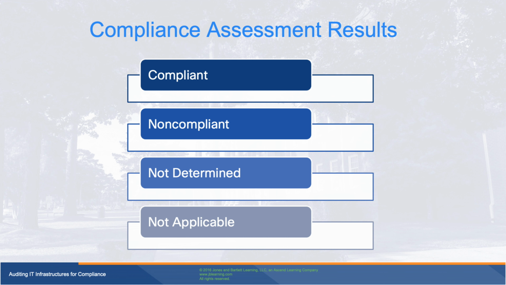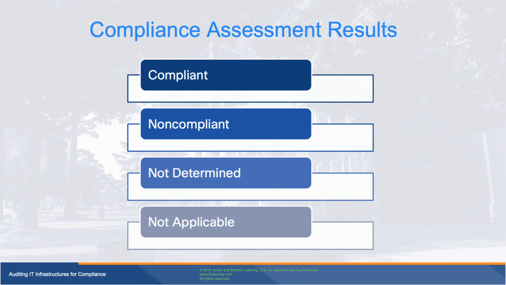The results of a compliance assessment should clearly address whether specific requirements are met. So when we look at the control objectives, we're going to give them a score of compliant, non-compliant, not determined, or not applicable. If we mark it as compliant, it's going to indicate there's enough suitable evidence to show that a particular requirement has been met.